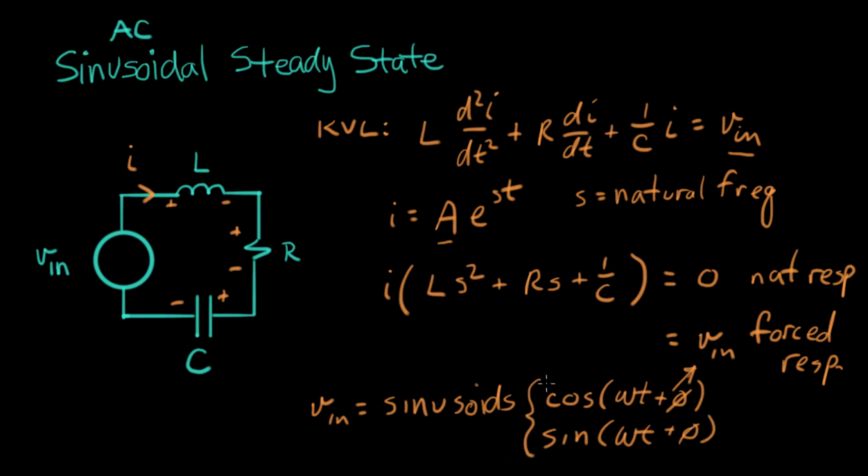Sinusoid is the general name for cosine and sine and signals that look like that. Because we don't want this math to blow up on us with the general input, we're going to develop a really elegant way to solve circuits where we limit ourselves to sinusoidal inputs. We'll take a pause right here and continue in the next video to introduce the idea of sinusoidal analysis.